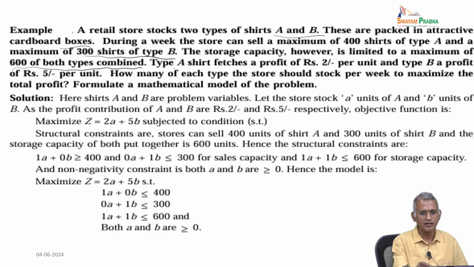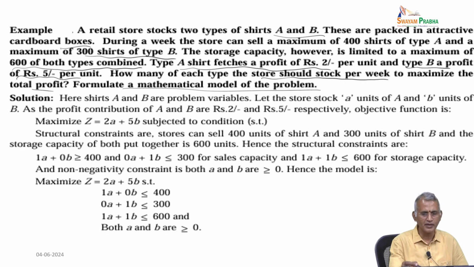Type A shirt fetches a profit of rupees 2 per unit, and type B a profit of rupees 5 per unit. How many of each type should the store stock per week to maximize the total profit? Formulate the mathematical model of the problem.